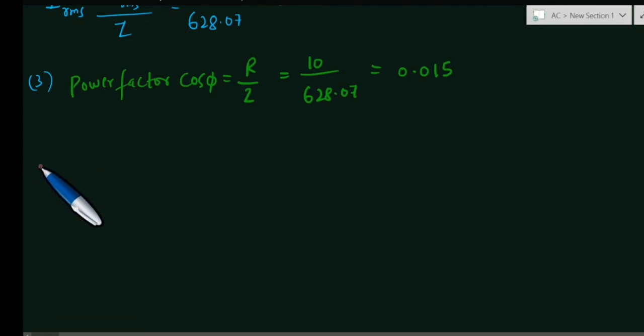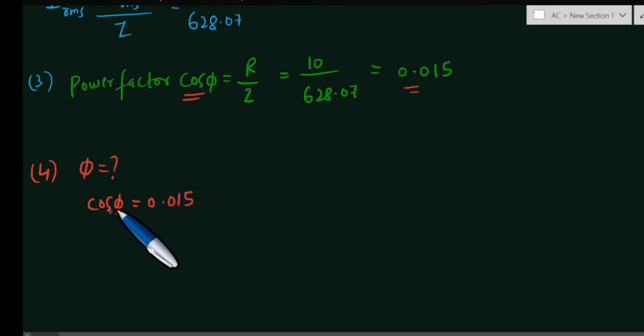And the next one, fourth one, they are asking what is the phase difference. To calculate the phase difference, phi, we just found the value of cos phi. The cos phi is equal to 0.015. Then phi is equal to cos inverse 0.015.